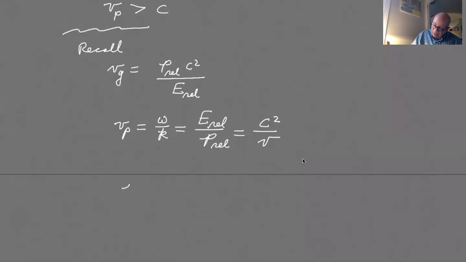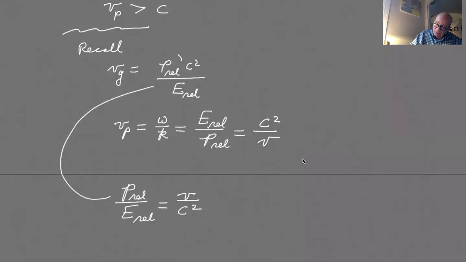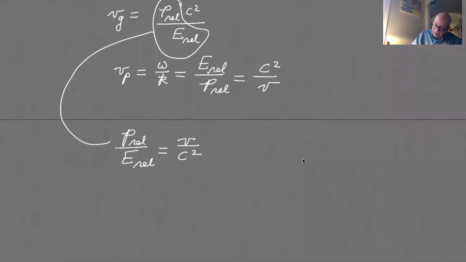This gives us that p relativistic over E relativistic is going to be v over c squared. And then we can take this and throw that into here, and we get that v group is v over c squared times c squared, which is v.